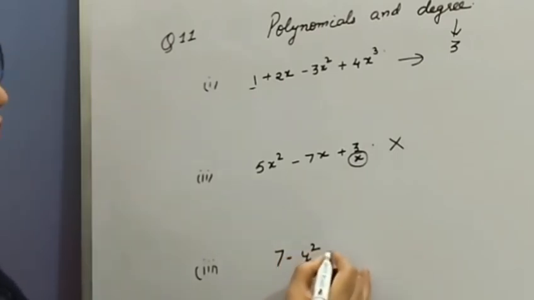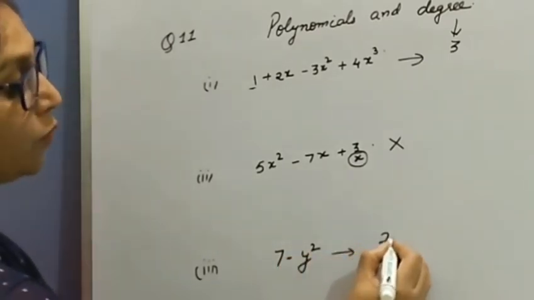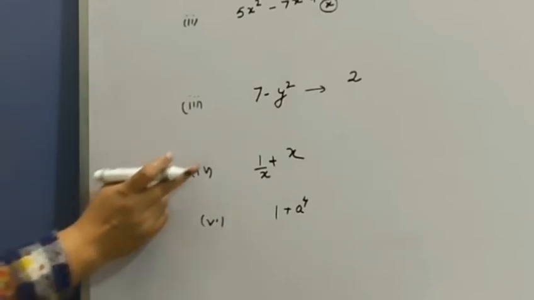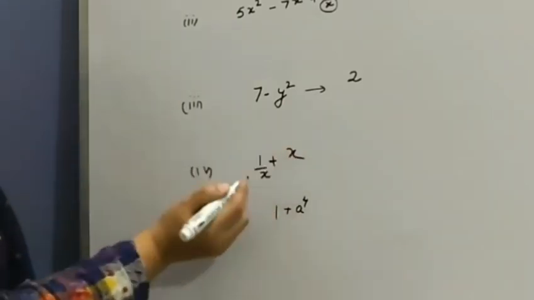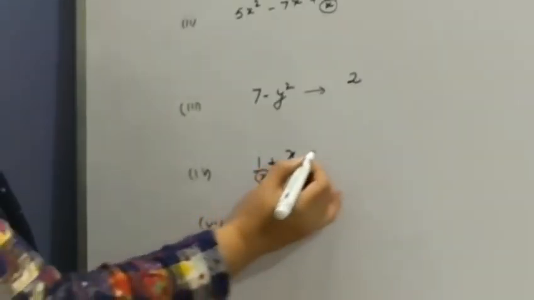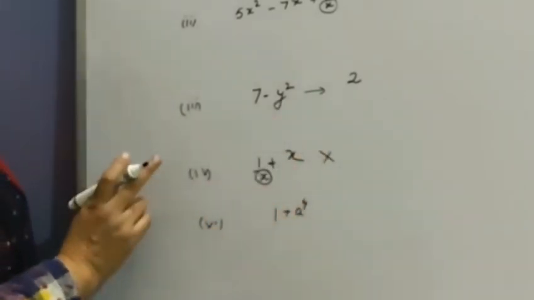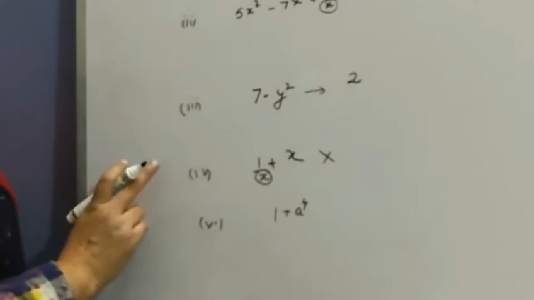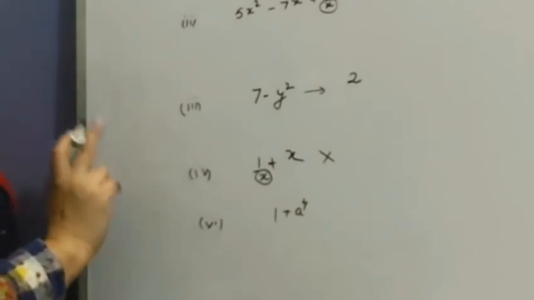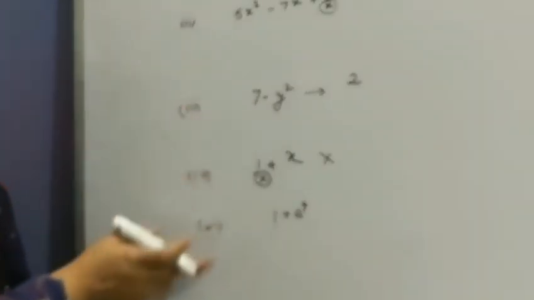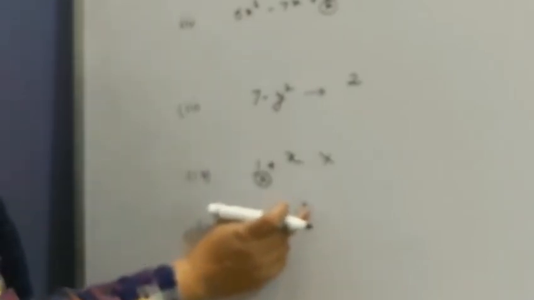So the highest power is 2, so the degree of this is 2. Fourth example, 1 by x plus x. As x is in the denominator, it is not a polynomial. As I told you, the condition for an expression to be a polynomial is that its power should be either 0 or positive.